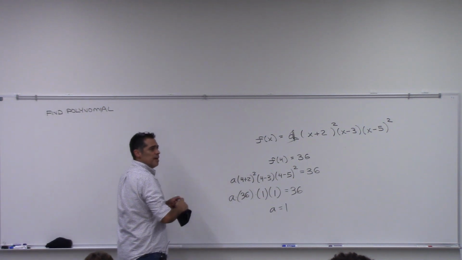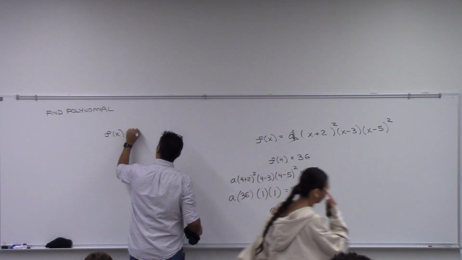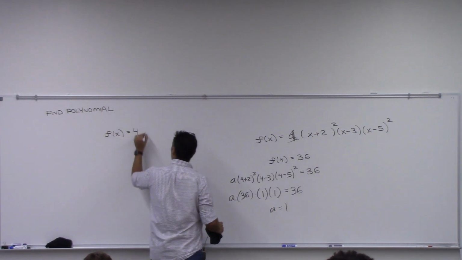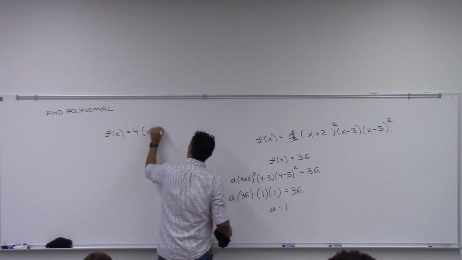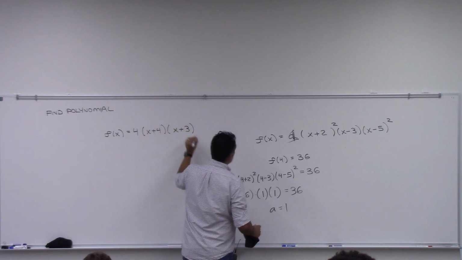So for 60, we have f of x equals 4, and then parentheses x plus 4, and then x plus 3 cubed.